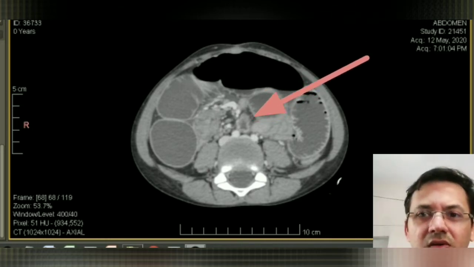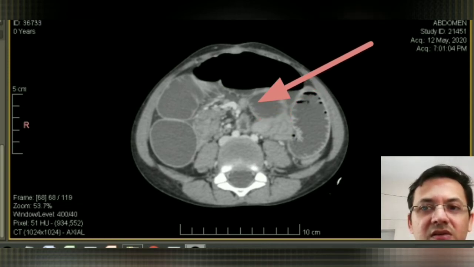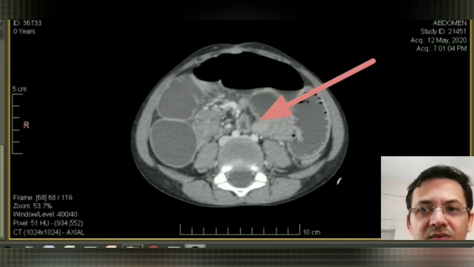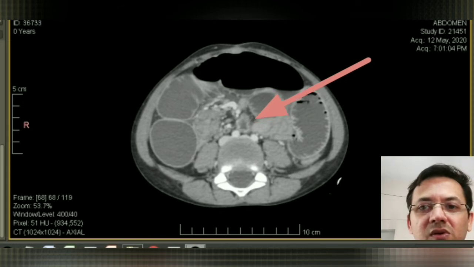So basically, we have tried to rule out here the possibility of intestinal ischemia. The arterial arcade, mesenteric, SMA, IMA, as well as the venous arcade, SMV, IMV, and their branches and tributaries are well enhancing. There is no thrombosis in the arterial or venous arcade.